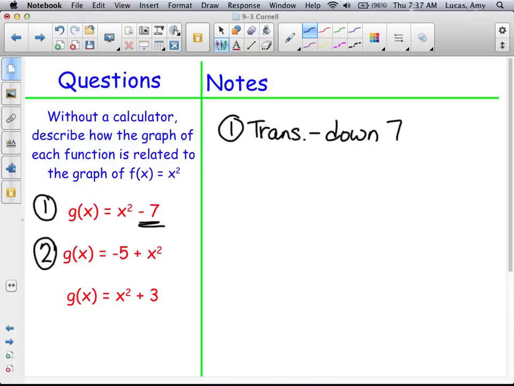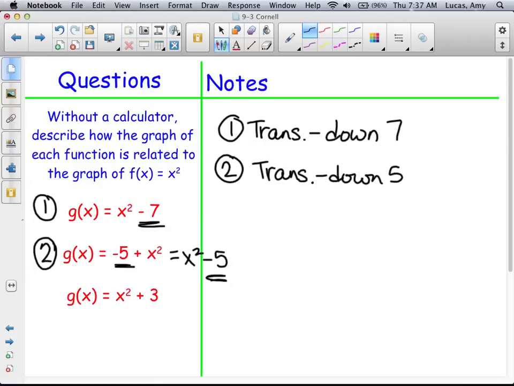Number 2 has a -5 being added to x squared. Now remember that that would be the same as x squared minus 5. So the translation on number 2 is again moving down. So it's sliding down 5. And then for number 3, adding 3 takes our translation and slides up 3.